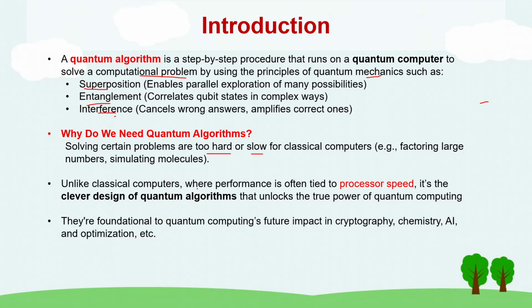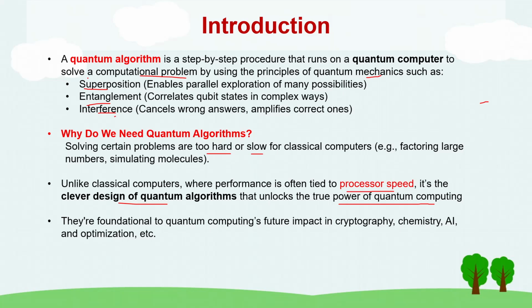Unlike classical computers, where the performance is often tied to the processor speed, number of cores in a processor, or number of processors itself, right? You have more GPUs, more cores in a CPU, like that. But in quantum computing, it's the clever design of the quantum algorithm that unlocks the true power of quantum computing.